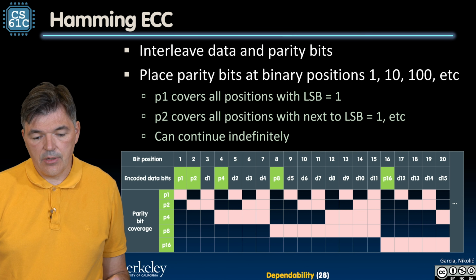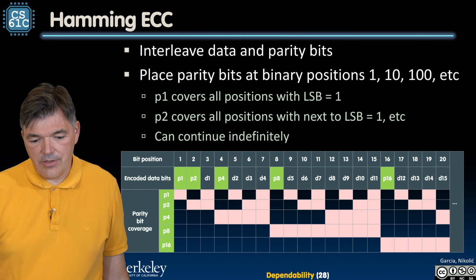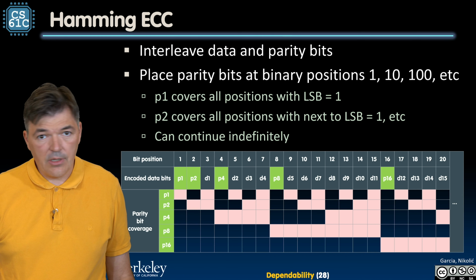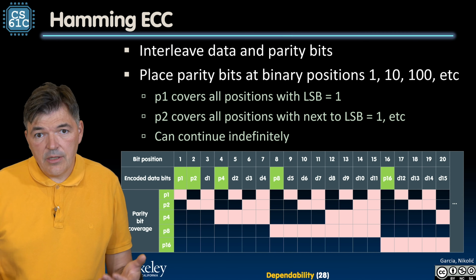So if we include the P1 in that position, it is going to also cover itself and produce an even parity. So essentially every other bit is included in the first parity. What does it mean included? These are basically inputs in an XOR gate that are generating P1.